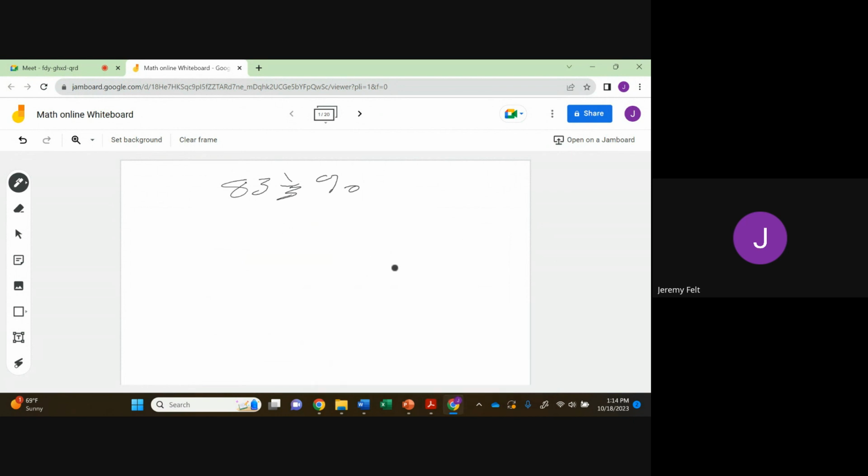Here we're going to do, okay, percent still means over 100, so we're going to do over 100. 83 times 3 is 249 plus 1 is 250. So it's going to be 250 over 3 divided by 100 is the same. Divided by 100 over 1, multiplied by 1 over 100.